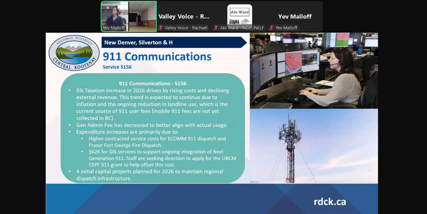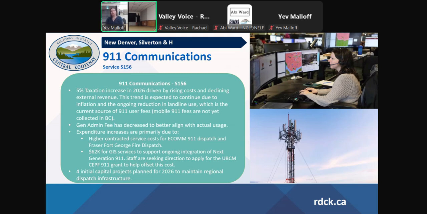So there's some other costs. There's a bit of a decrease in general admin fees, and expenditure increases are primarily due to higher contracted services costs for 911 dispatch, which is in the Central Okanagan, and then fire dispatch, which is in Fraser Fort George. Here's what we talked a bit about earlier. This service is funding $62,000 in GIS services to support the integration of NextGen 911.